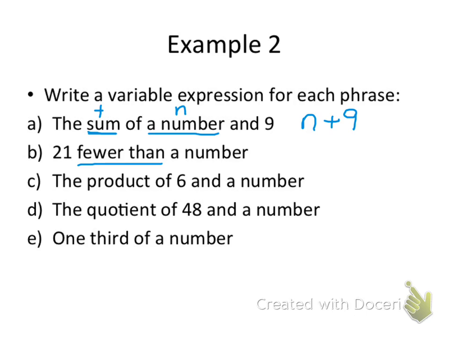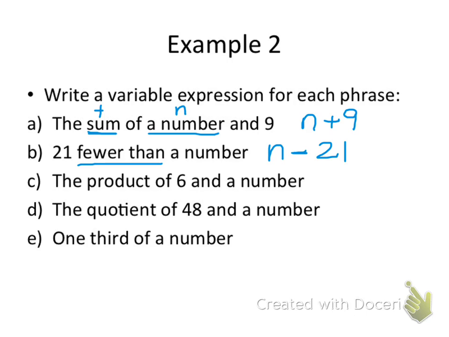Because subtraction is not commutative, we have to subtract the 21 from the variable. So n minus 21. Please make a note of that: whenever the words fewer than are in your phrase, when you write the expression, it might not just be left to right.